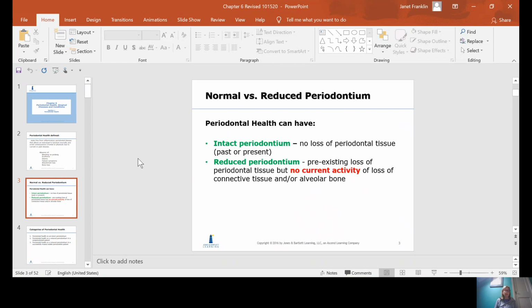It might be a 3 millimeter probing depth this time and a 4 next time. It might be a 4 this time, a 5, but then it goes back to a 4 or back to a 3, but it fluctuates. It's not just constantly stable. You will have some patients that never change, but they're not as common as the patient who has a little bit of fluctuation in their activity.